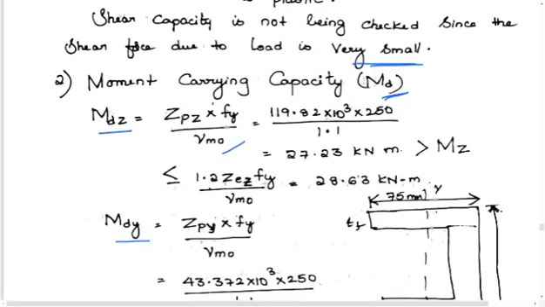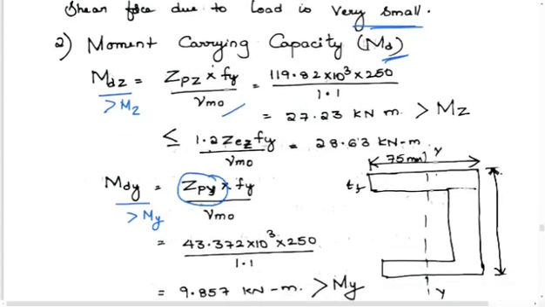Of course, this ZPY value is the value found out by calculation and has to be substituted here. And as I told you, one important thing here is that MdZ should be greater than the moment due to load Mz, and MdY should be greater than the moment My created due to load. Is that condition being satisfied?